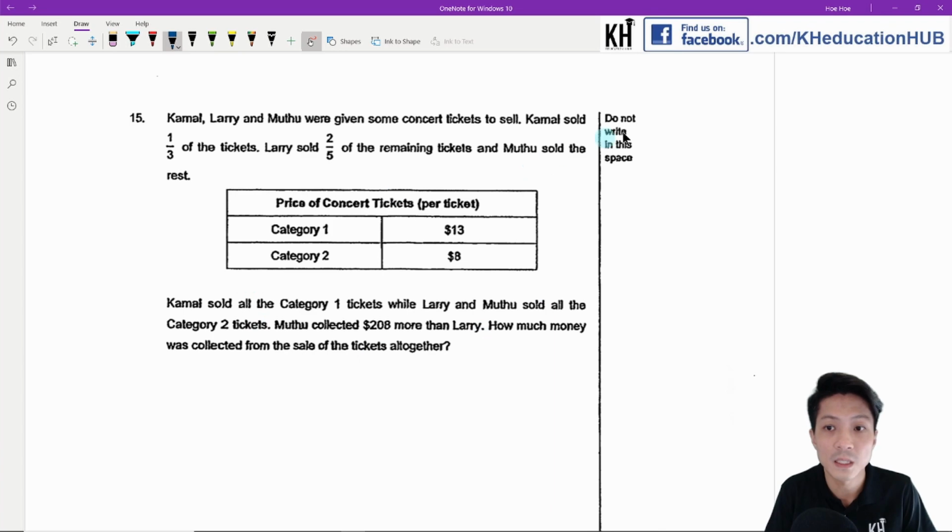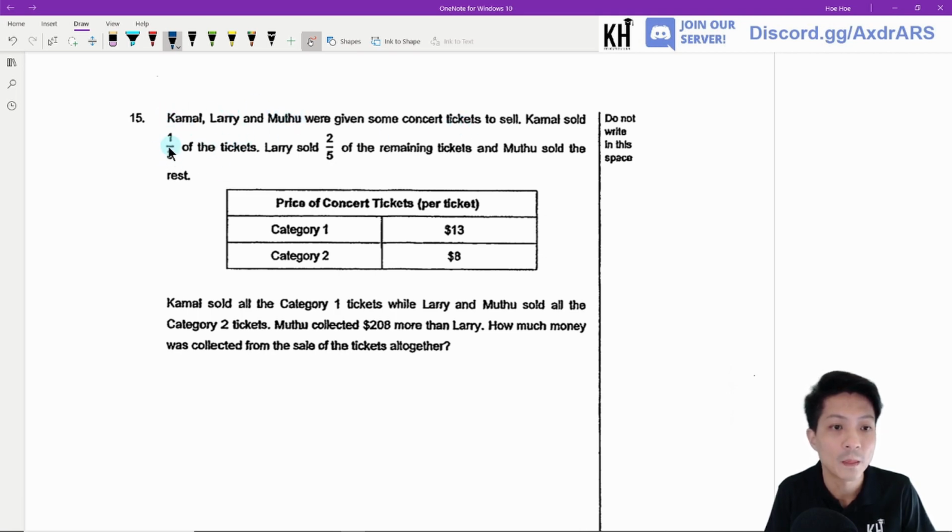Okay, so for part A, for this question, first I am going to find the ratio of tickets sold by K is to L is to M. Okay, so this part here I am going to try to figure out by model drawing.